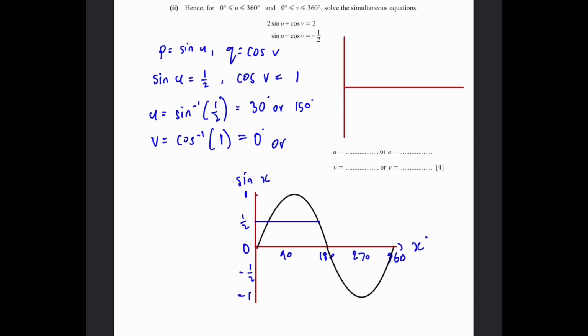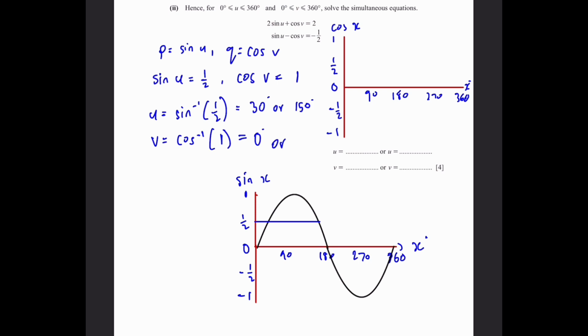I'm also going to draw these coordinates, positive and negative, for cos x, which are 1, half, 0, minus half, and minus 1. And I'll make 90, 180, 270, 360 for x degrees.